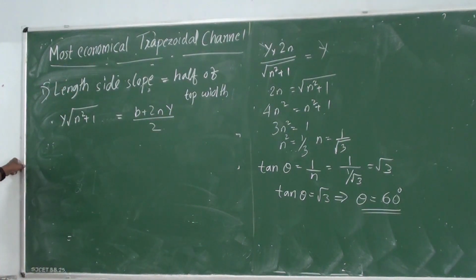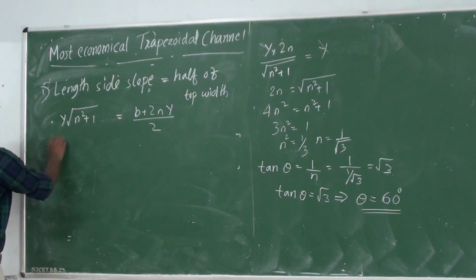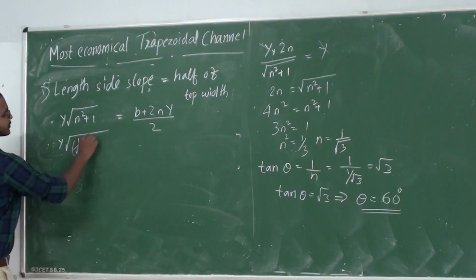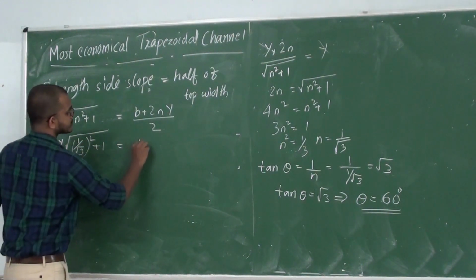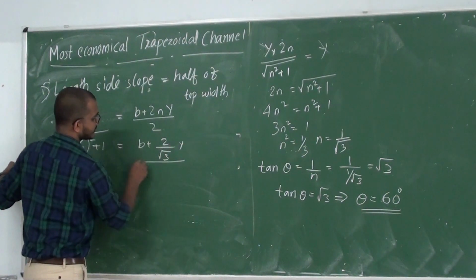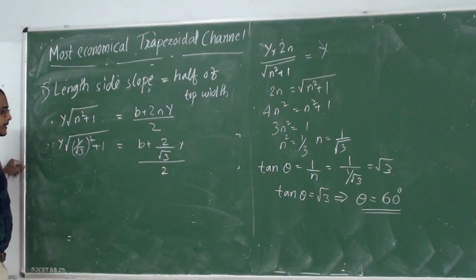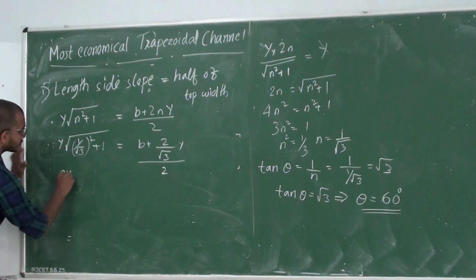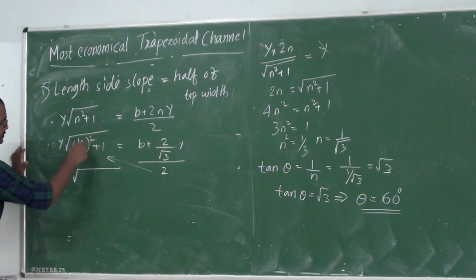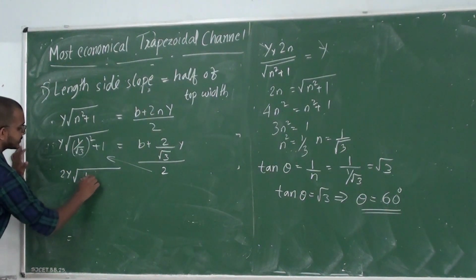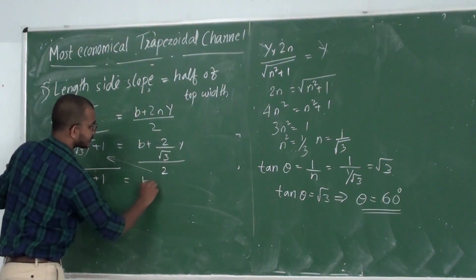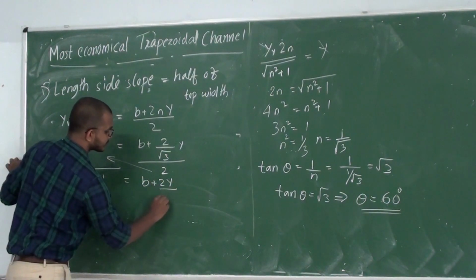So let us substitute n is equal to 1 by root 3 here. So y into square root of 1 by root 3 whole square plus 1 is equal to b plus 2 by root 3 into y by 2. So that means 2y into square root of 1 by 3 plus 1 is equal to b plus 2y by root 3.